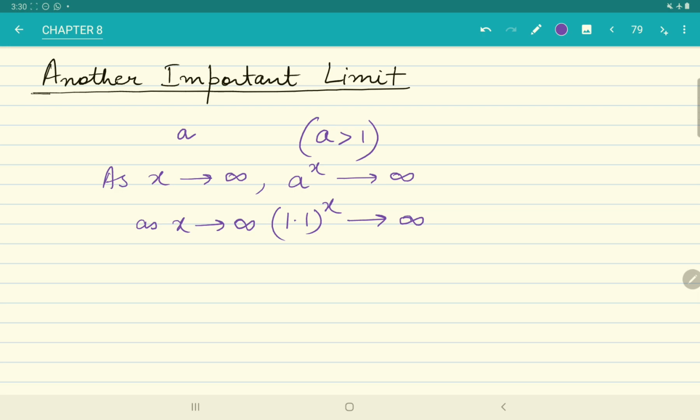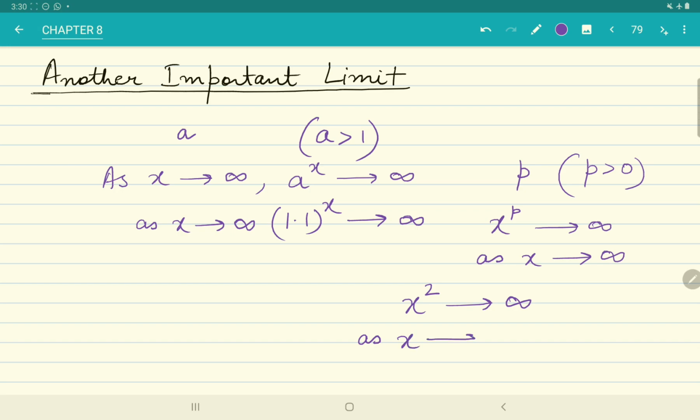Also, if I take p as an arbitrary positive number, so p is greater than 0, then x raised to the power p will tend to infinity as x tends to infinity. For example, if I take p to be 2, x squared will tend to infinity as x tends to infinity.